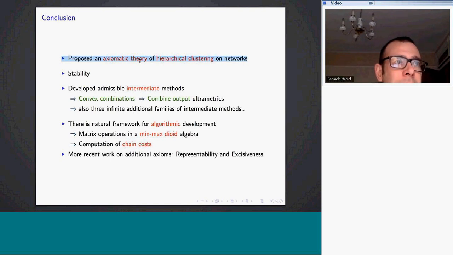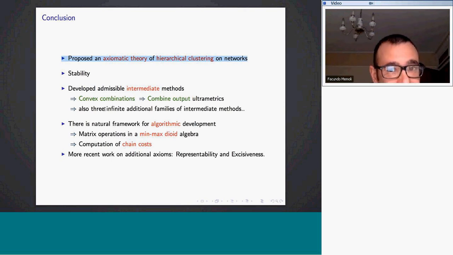So we see the axiom of value and the axiom of transformation. We then derive families of methods, that is, methods that satisfy those two axioms. So that's a very happy situation because you're able to properly classify methods. You know which methods are the ones that you should be using.